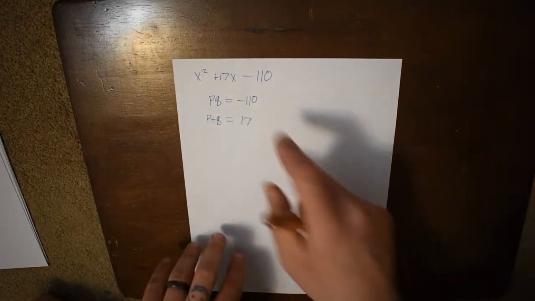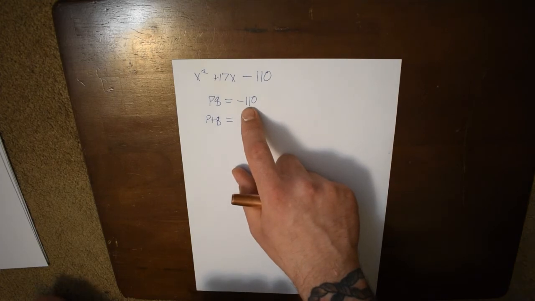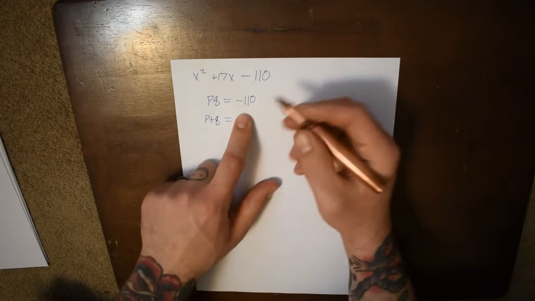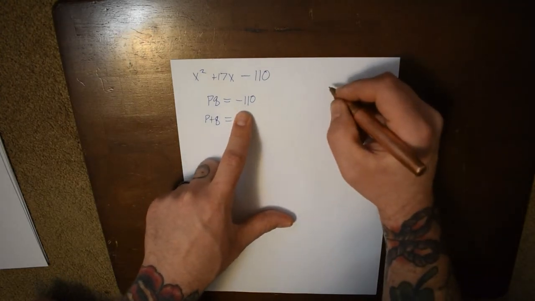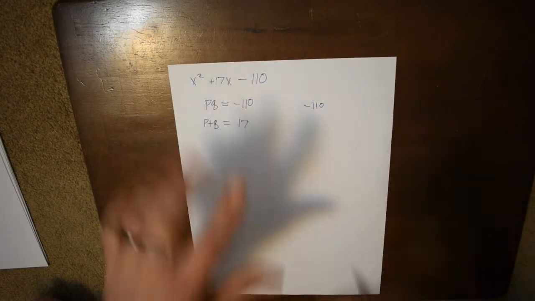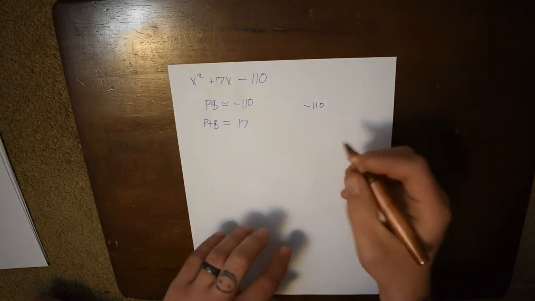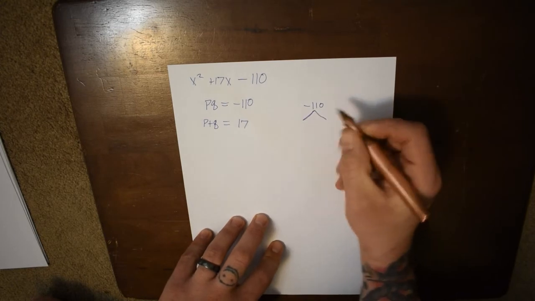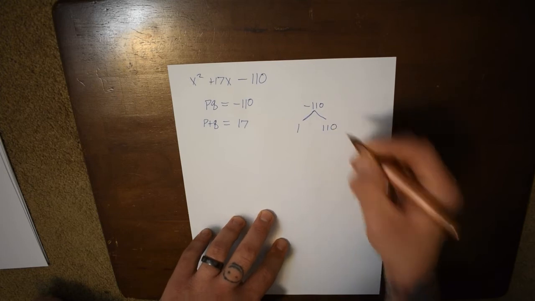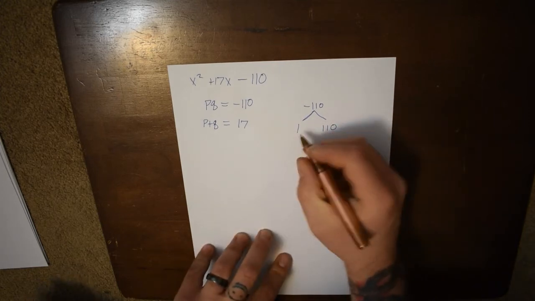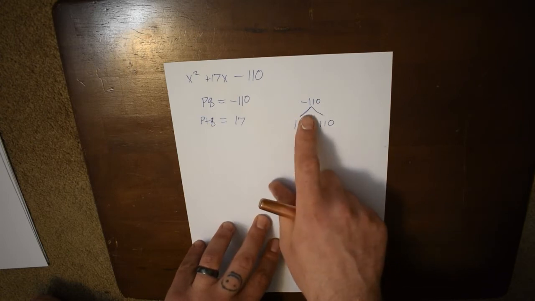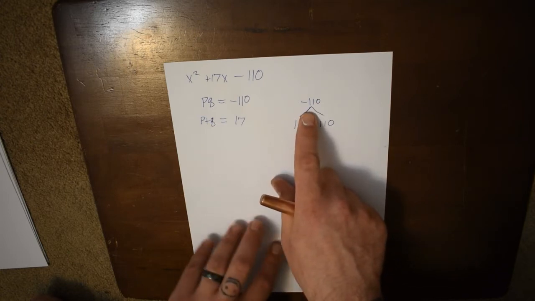So this is still where I start off. I always start off over here, coming up with the factor tree. Well, we'll say negative 110. I know that 1 times a negative 110 is equal to negative 110.